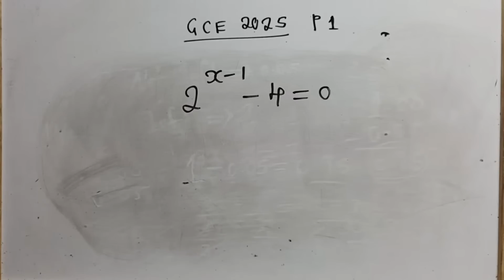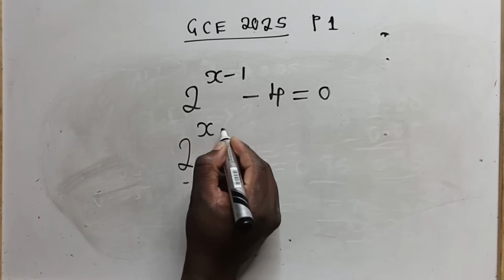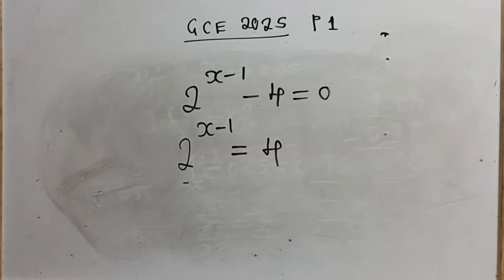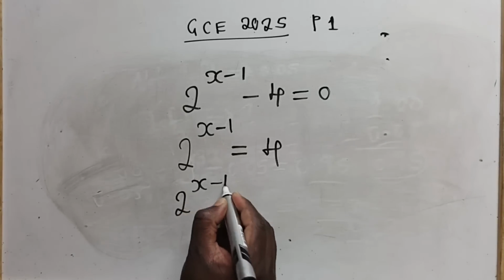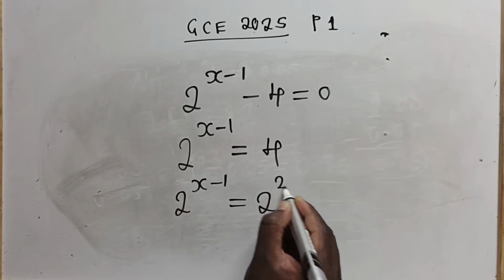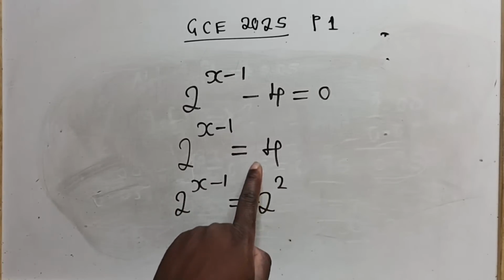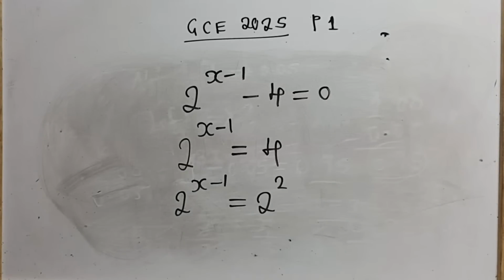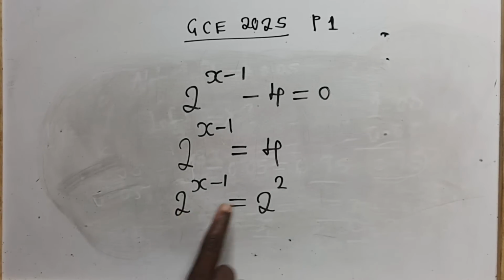Now solving this one, we write 2 power x minus 1 is equal to 4. The 4 comes this side. Let me explain. We first group the like terms, so this 4 comes this side; it was minus 4. We now balance the bases. There is a base 2 here, but this side there is a 4.